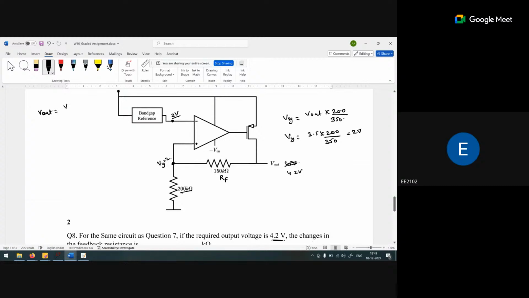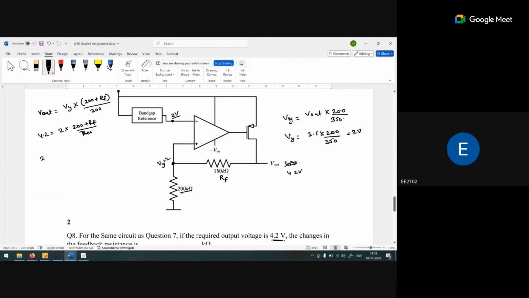V out is Vy times 200 plus RF upon 200. Vy is 2 volt and V out is 4.2, so 4.2 is equal to 2 times 200 plus RF upon 200.